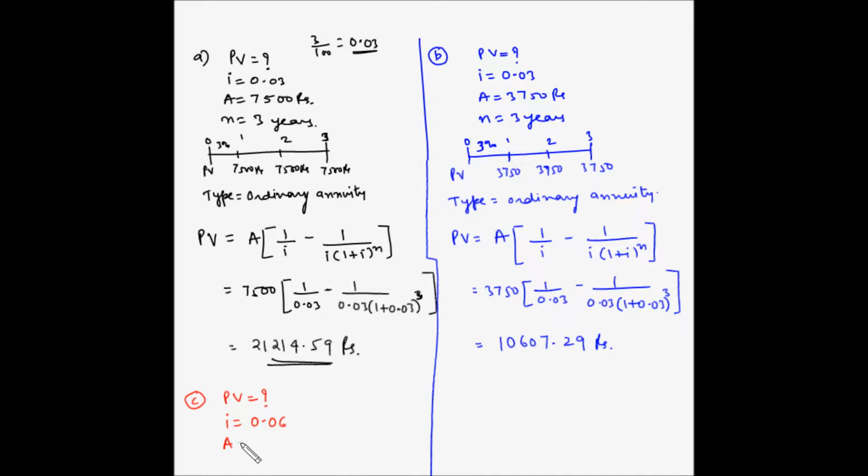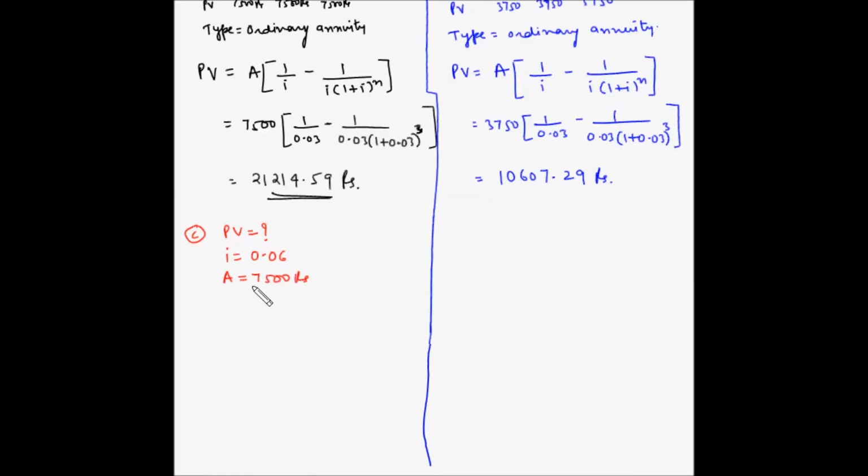The amount to be withdrawn is 7500 rupees, and N is 3 years. So again on the time scale 0, 1, 2, 3, we have to find the present value. We are withdrawing 7500 rupees at the end of each of the next 3 years, and the interest rate is 6% per annum.